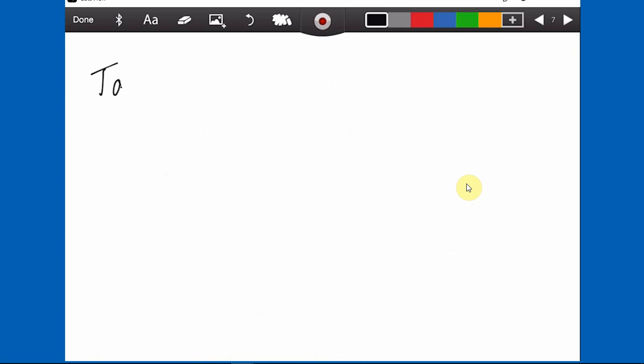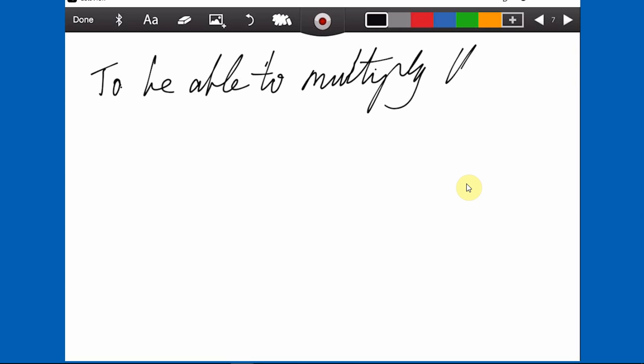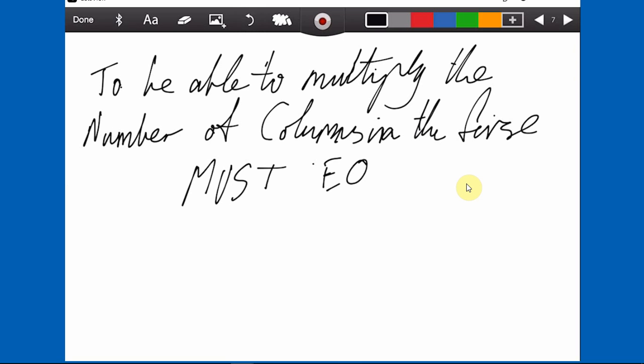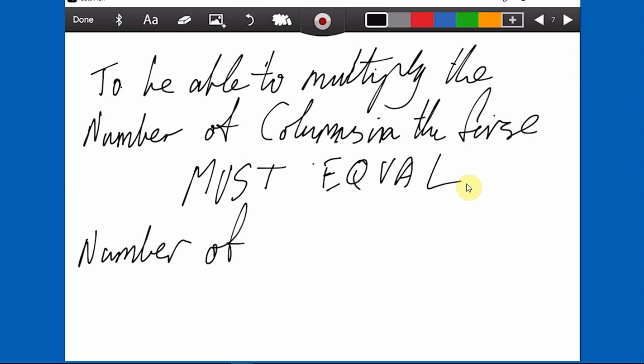So to be able to multiply, the number of columns in the first must equal the number of rows in the second.